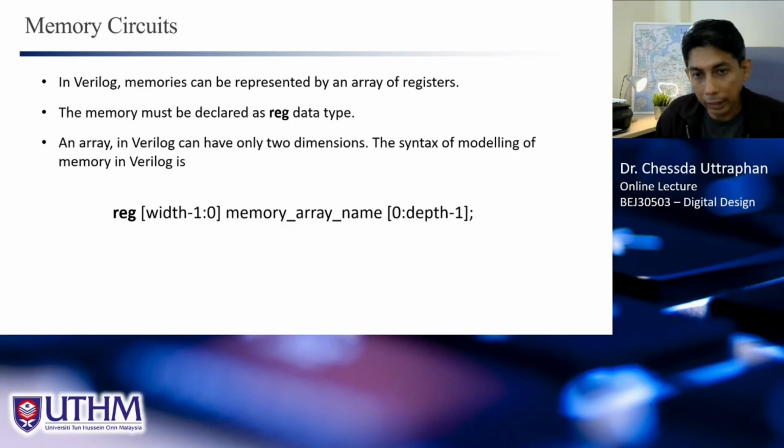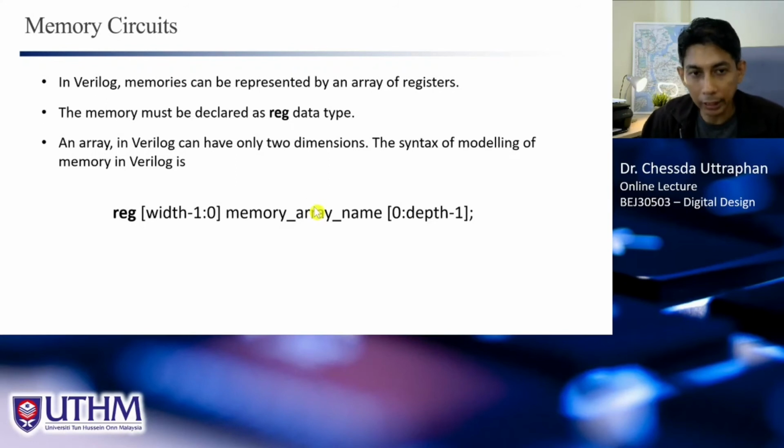When you have another 8-bit data, you need another register to store. But what if you have 100 pieces of data, right? So you need 100 registers. So that is not the best way to store the data. A better way is to use what we call a memory, all right? Just like your computer RAM, computer memory.